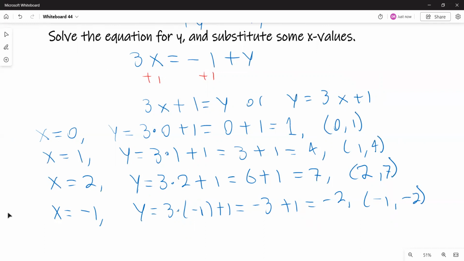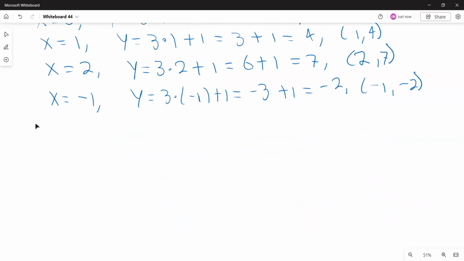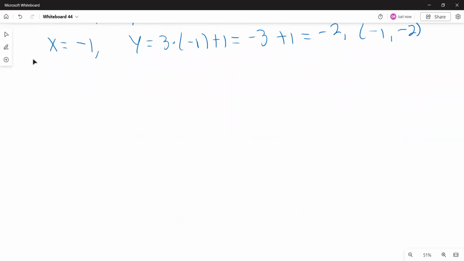Okay, so we have a few ordered pairs. We're going to plot the ordered pairs on the coordinate system. So let's do that.